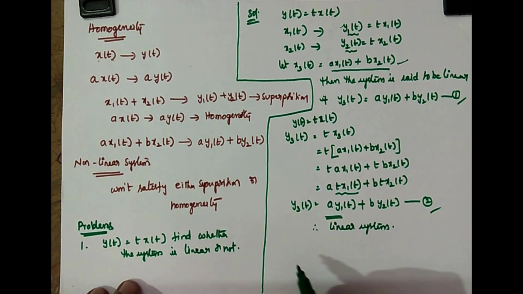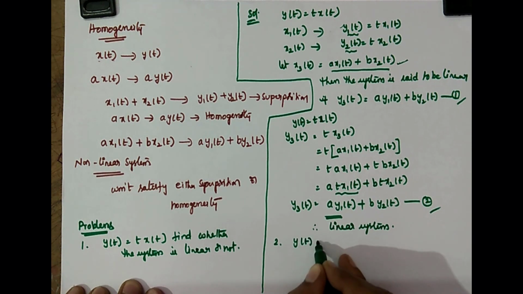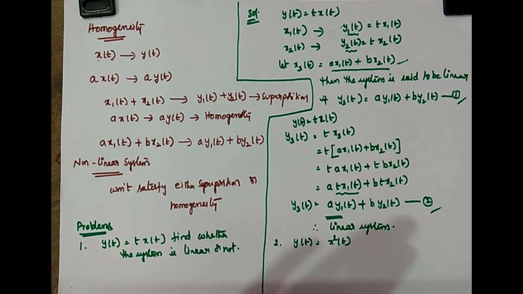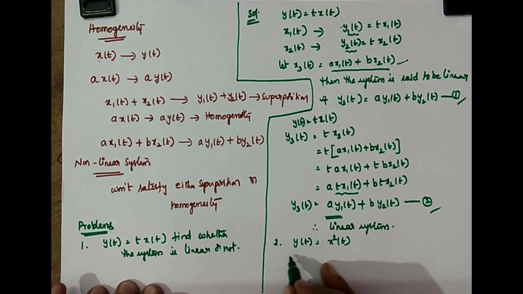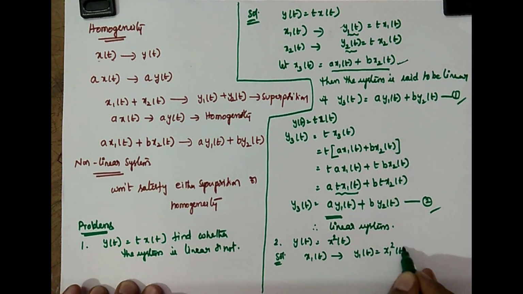Now we'll consider another problem. Y of t equal to x square of t. We'll follow the same procedure. Okay. Now, for x1 of t, y1 of t equal to x1 square of t. For x2 of t, y2 of t equal to x2 square of t.